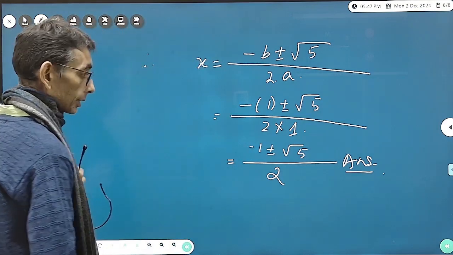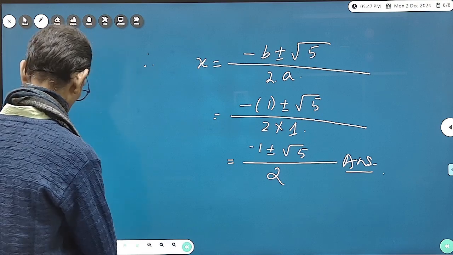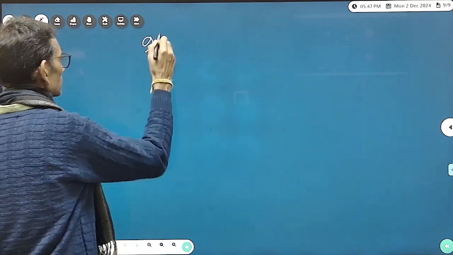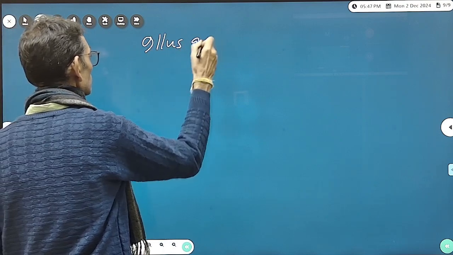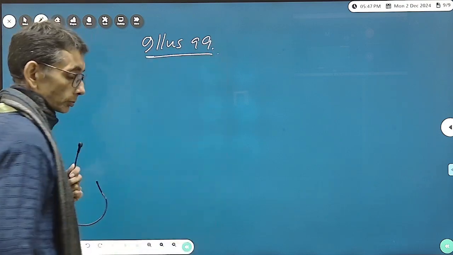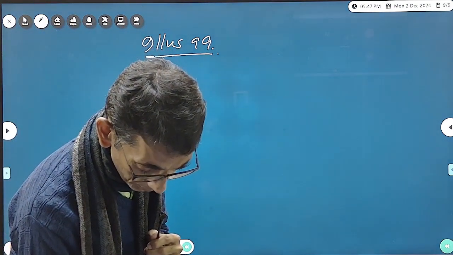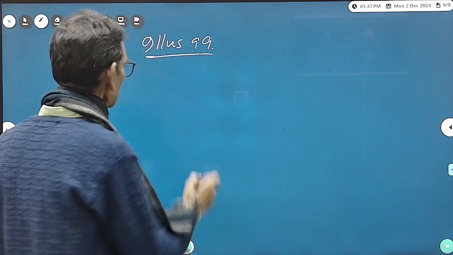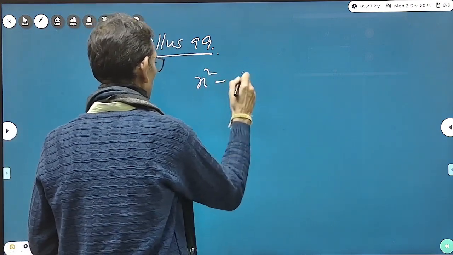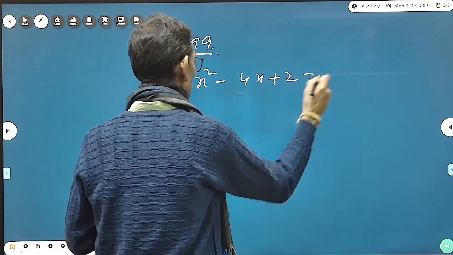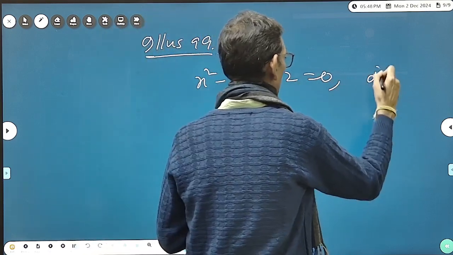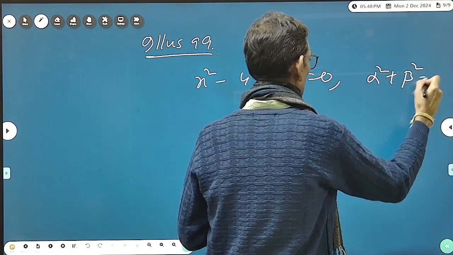Illustration 99. If alpha, beta are roots of the equation x square minus 4x plus 2 equal to 0, then find alpha square plus beta square.